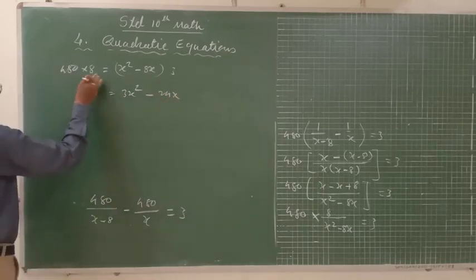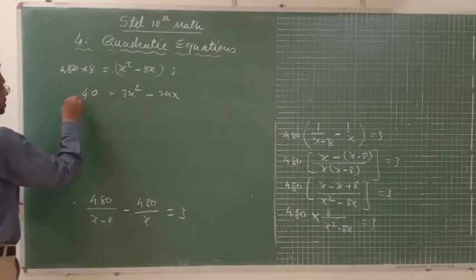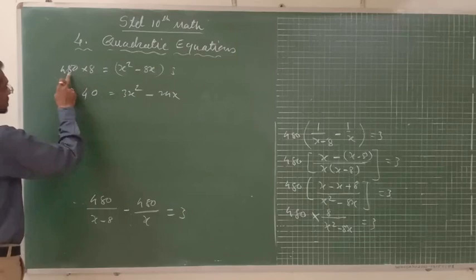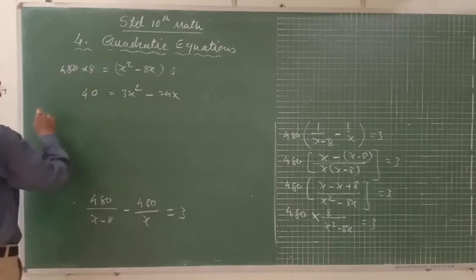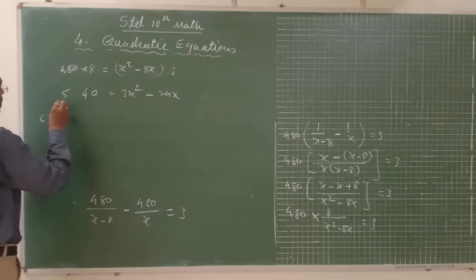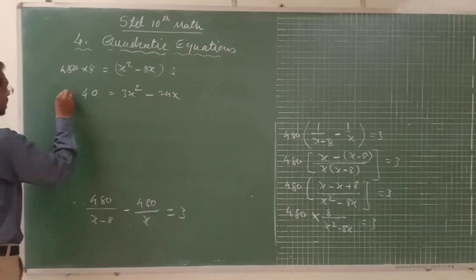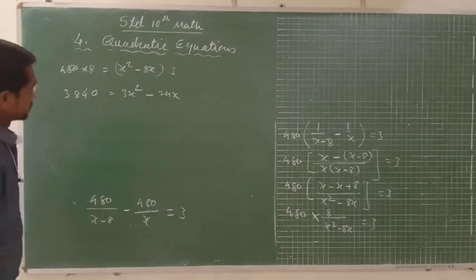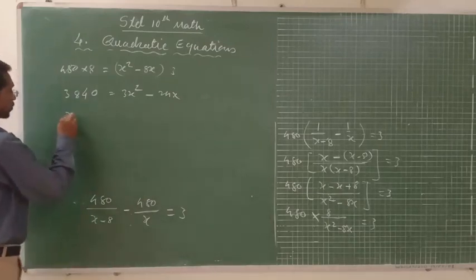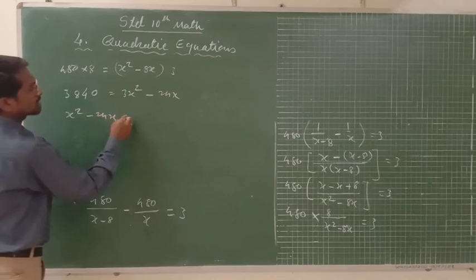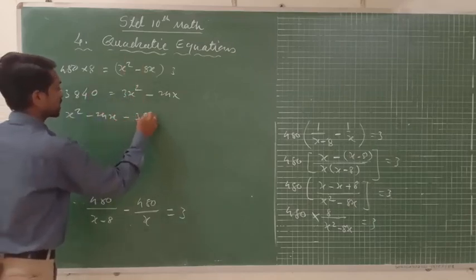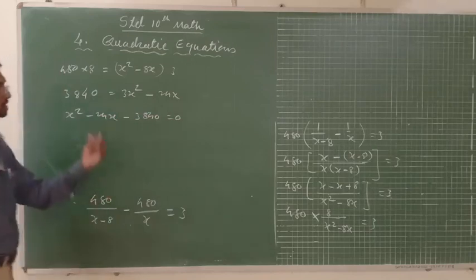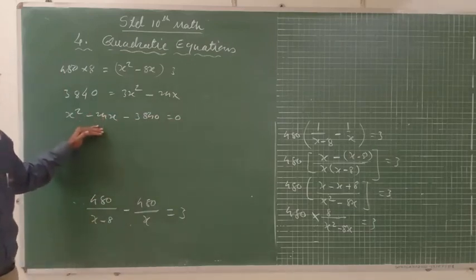And 480 into 8 is 3840. Therefore x square minus 8x minus 1280 would follow, and in this form 3x square minus 24x minus 3840 is equal to 0. This is the quadratic equation form, so it is the required quadratic equation.